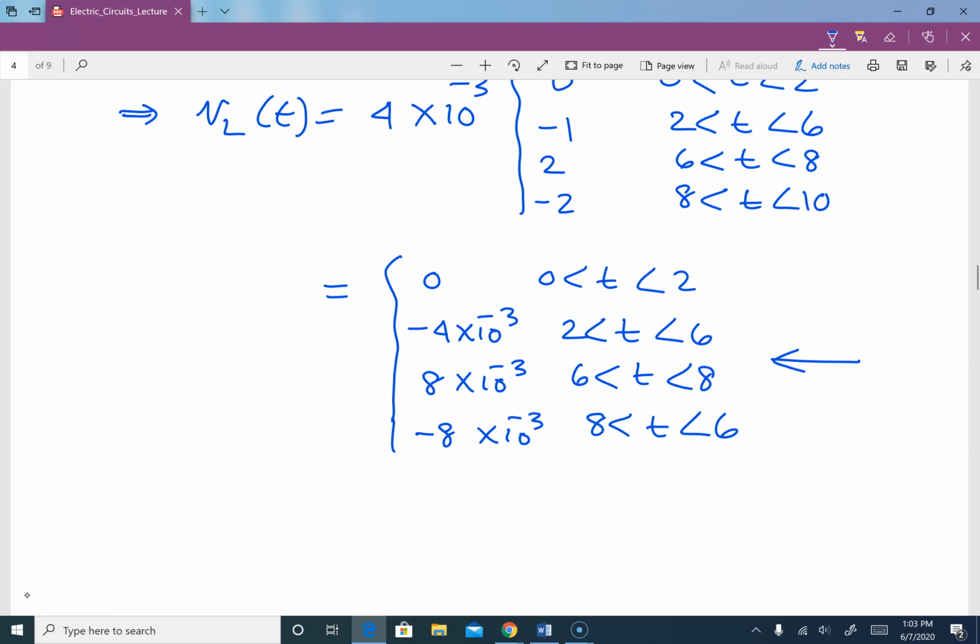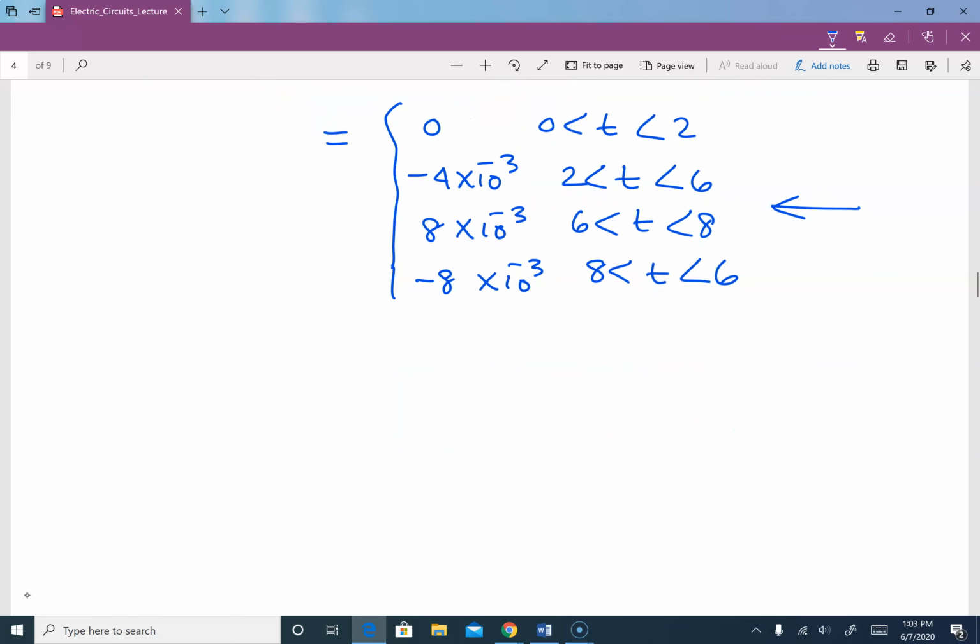And then we can sketch that. To sketch that, we can do this. So if I have over here negative 4, over here negative 8, and over here 8.